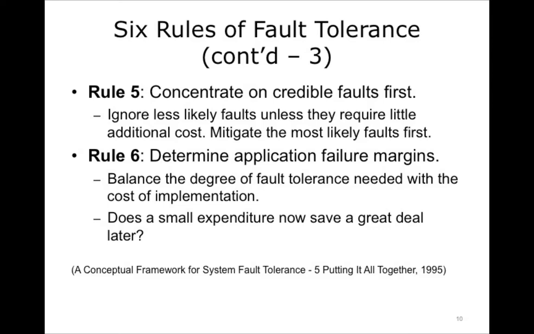Quote, Rule number 6. Carefully determine application failure margins and use the information to balance the degree of fault tolerance needed with the cost of implementation. End quote. This rule introduces the idea of costs versus benefits. Cost-benefit analysis looks at weighing costs, one-time, ongoing, and indirect, with benefits, savings, greater revenue, higher satisfaction, better patient outcome.